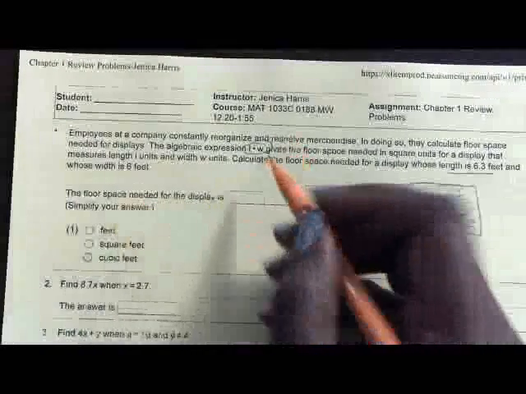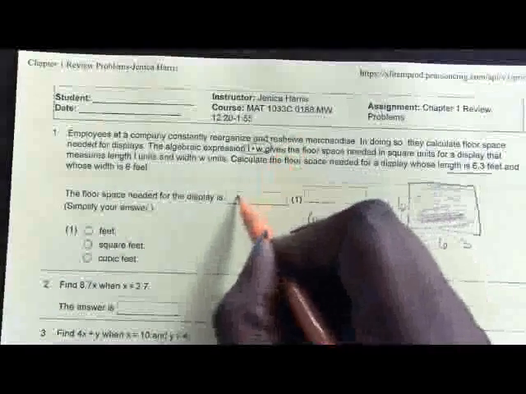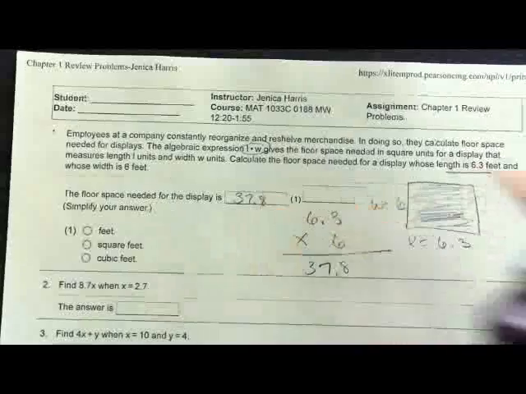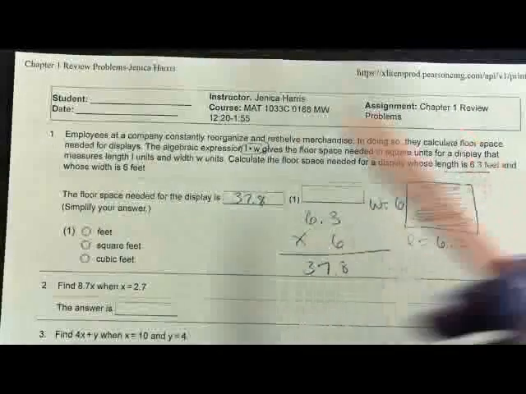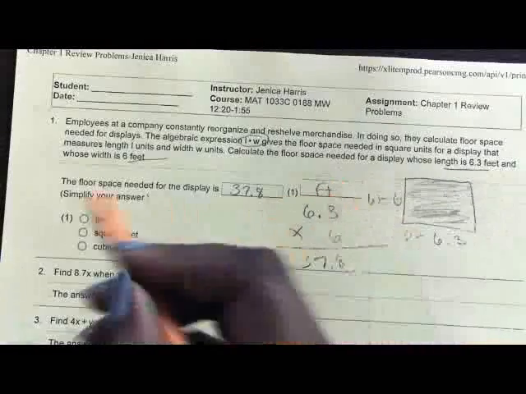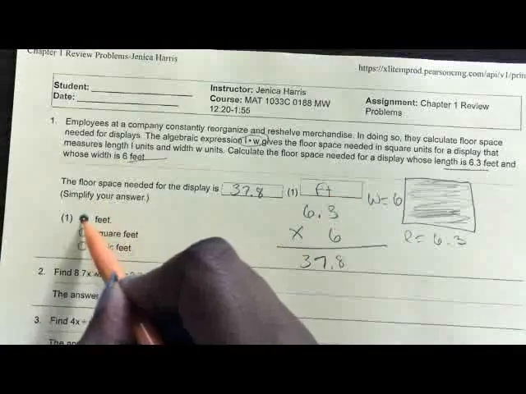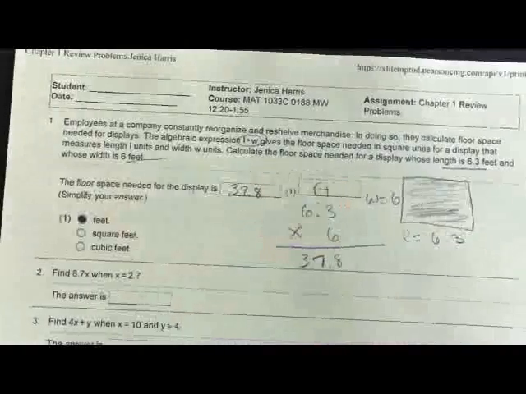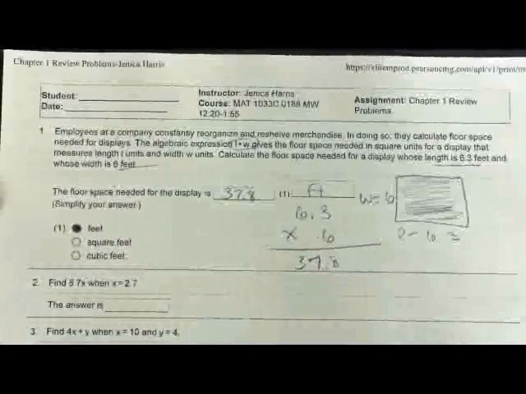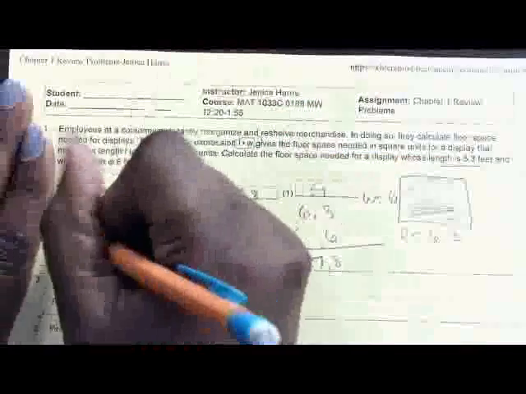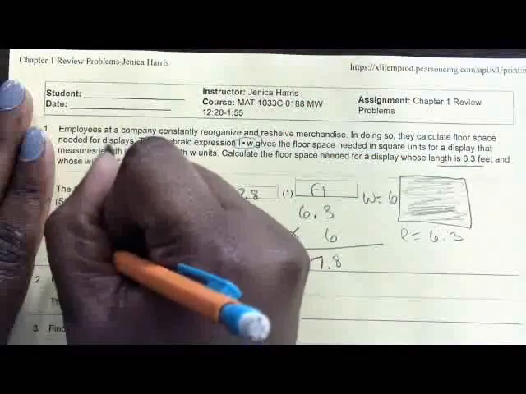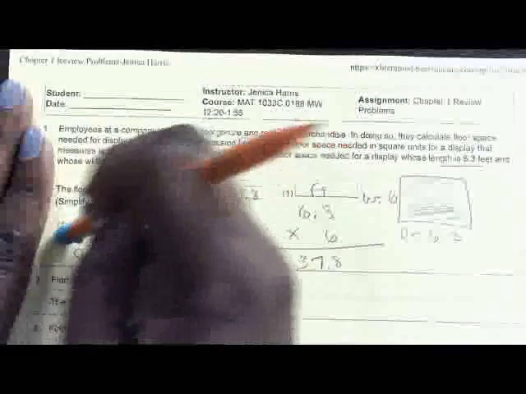So the floor space needed is 37.8, and then we are in feet. Actually, whoa, that's not right, is it? It's square feet, because when we take the area, we are in square units.